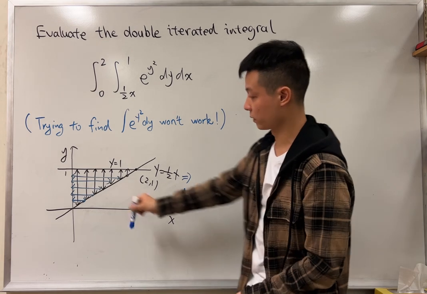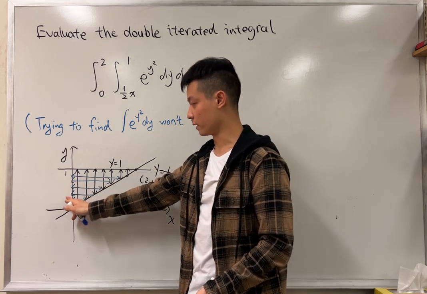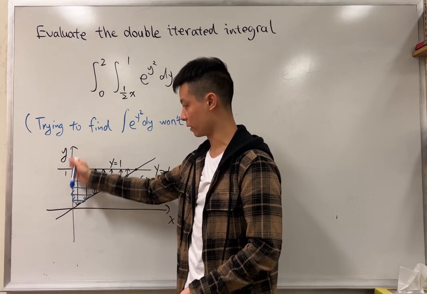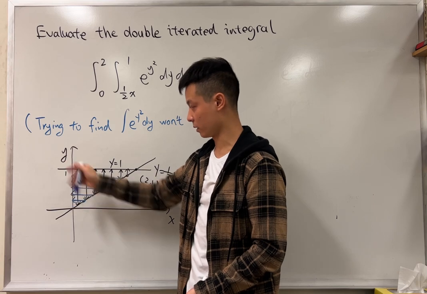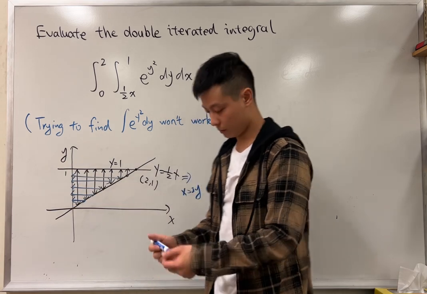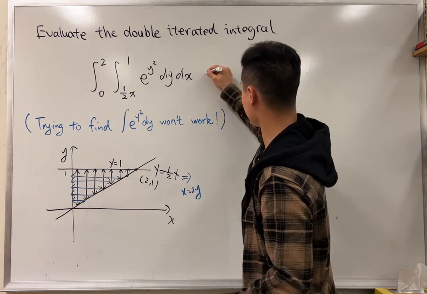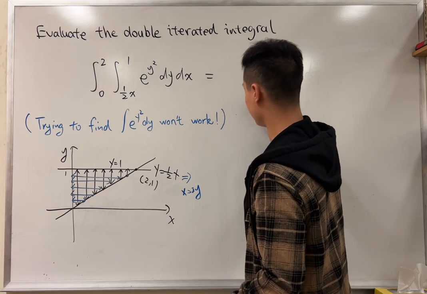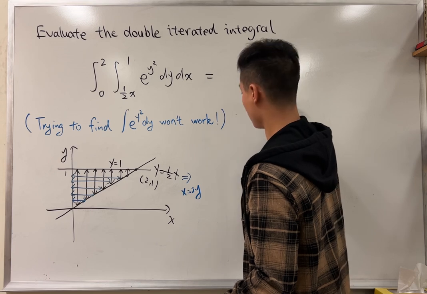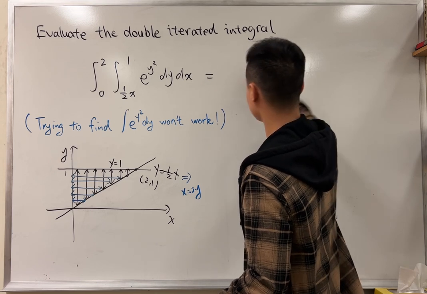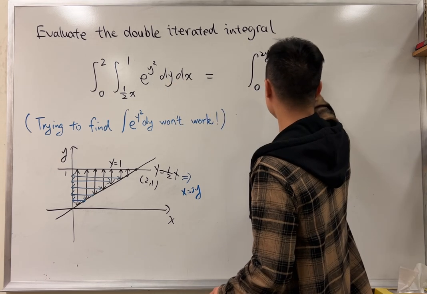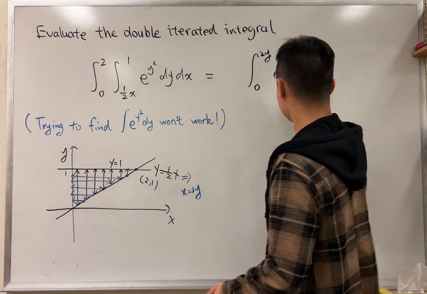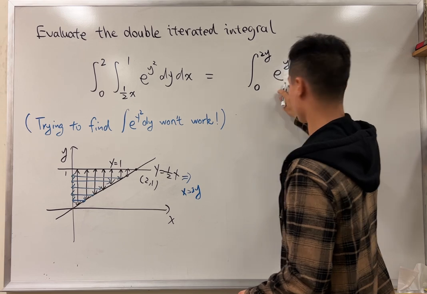The lower bound of the horizontal strip is sitting on the y-axis, which is x equal to 0. So now we can express this with lower bound 0 and upper bound 2y, and the same function, e raised to y squared. Because we're taking horizontal strips, the inside integral is now with respect to x.